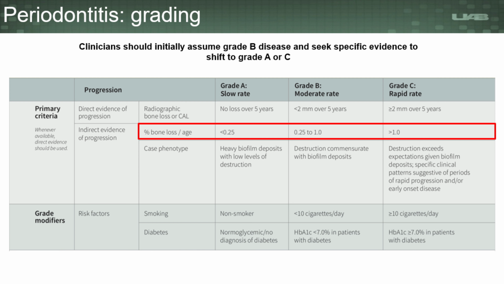In addition to looking at just the amount of bone loss that has occurred, we also look at whether or not we have a lot of plaque and no disease, because patients that have a lot of plaque without bone destruction, we're far less worried about than a patient that has hardly any plaque and has bone loss.